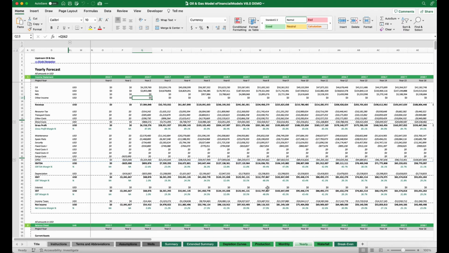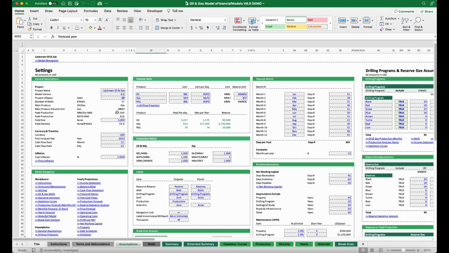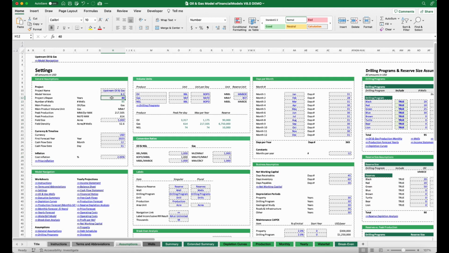Then we populate the spreadsheet with a 30 to 50 year financial plan. We have an assumption on the assumption sheet which we can set to as many years as you like, and depending on how many years you like to include, we can either extend or limit our financial forecast.